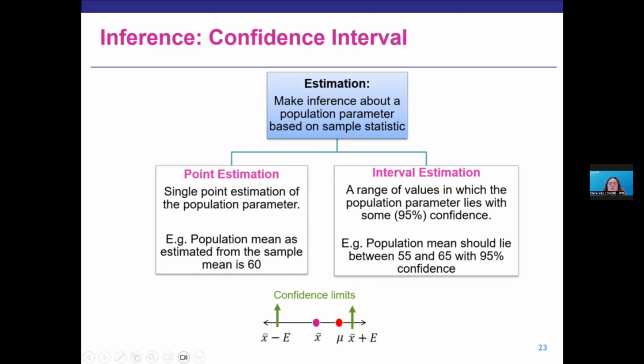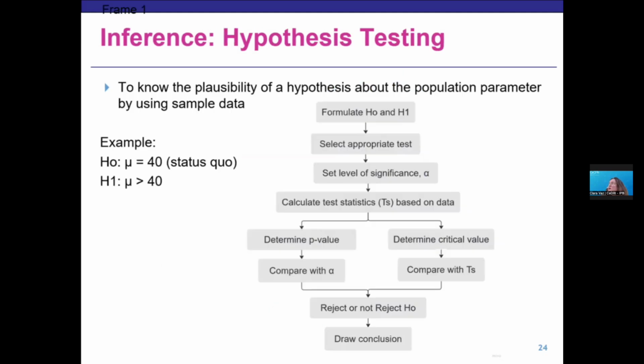In this example, the confidence interval is the mean minus and plus the margin of error. This also means that if we have a large number of samples and calculate the confidence interval for each sample, on average 95% of these intervals will include the true mean of the population.